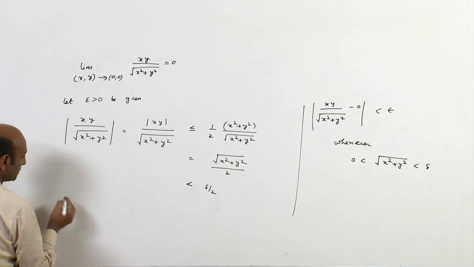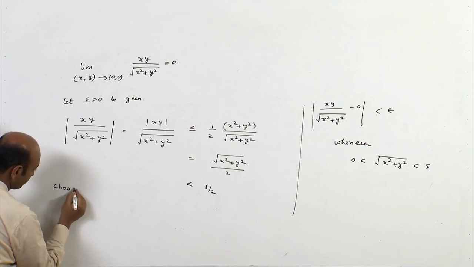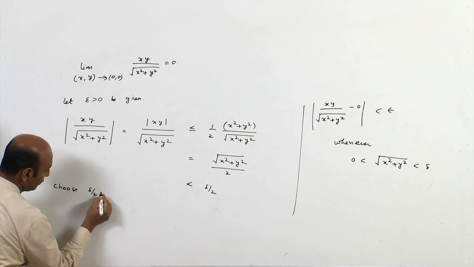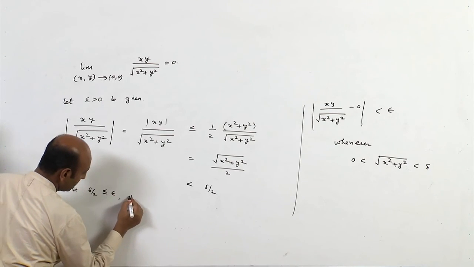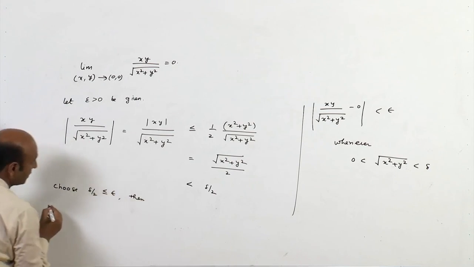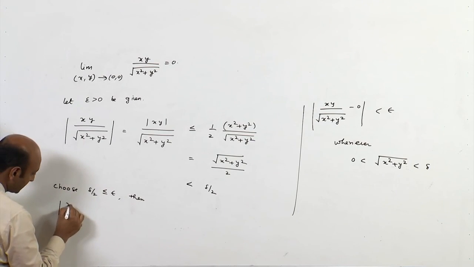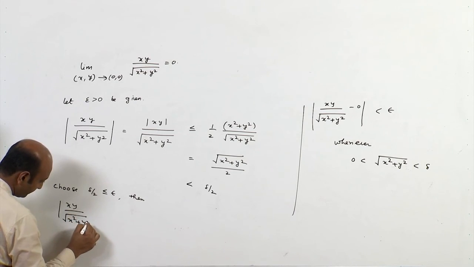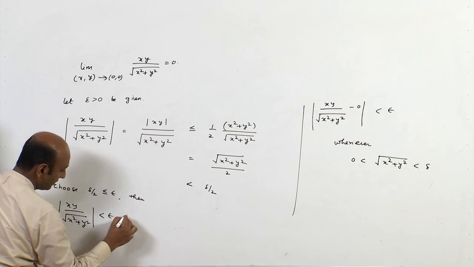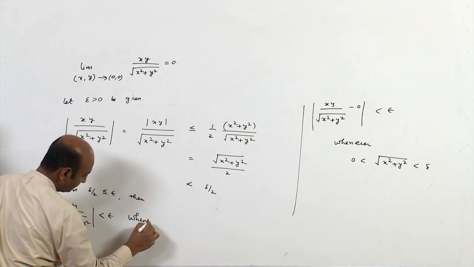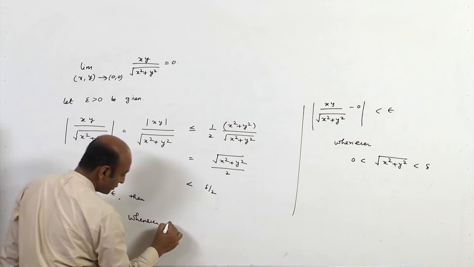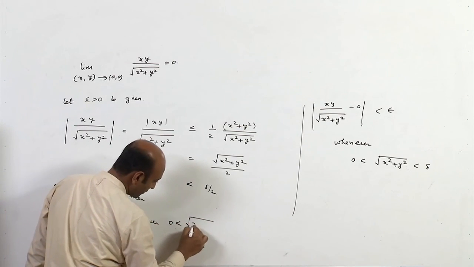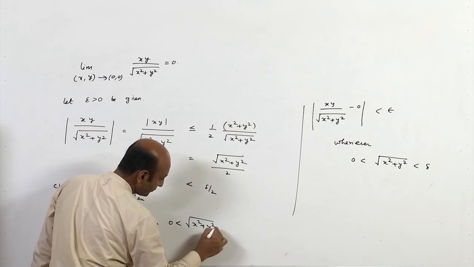So if we choose delta by 2 less than or equal to epsilon, then mod of xy upon under root x square plus y square will be less than epsilon whenever 0 is less than under root x square plus y square less than delta.